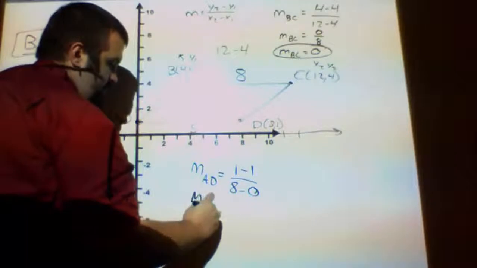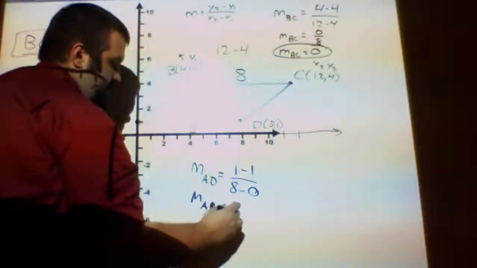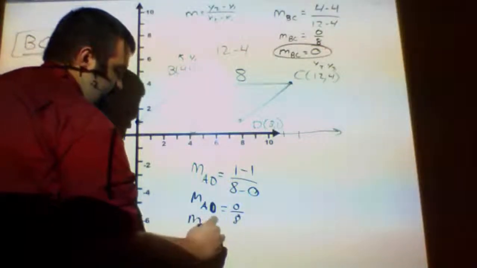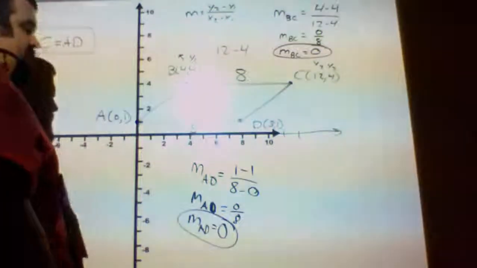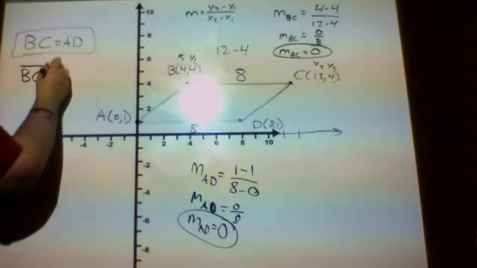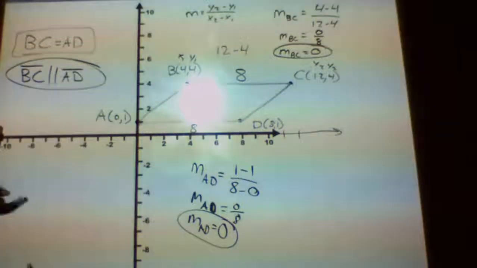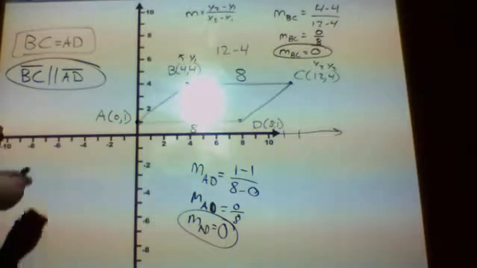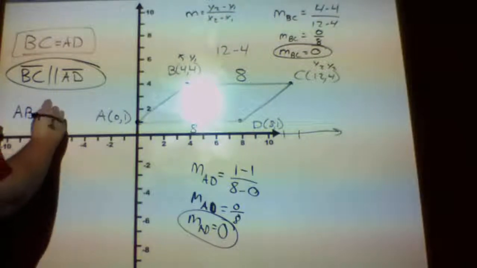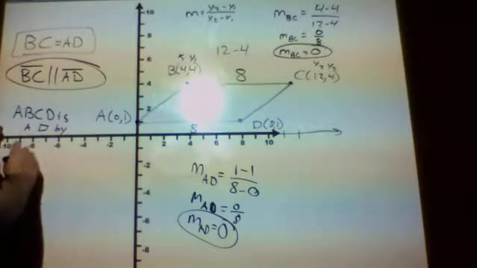So again, when I simplify this a little bit further, I find out that it's going to be 0 over 8, which means the slope of this would be 0. I've just shown that the slopes are the same. So I've just shown that segment BC is parallel to segment AD because they have the same slope. And now that I have both those conditions being met, ABCD is a parallelogram by theorem.